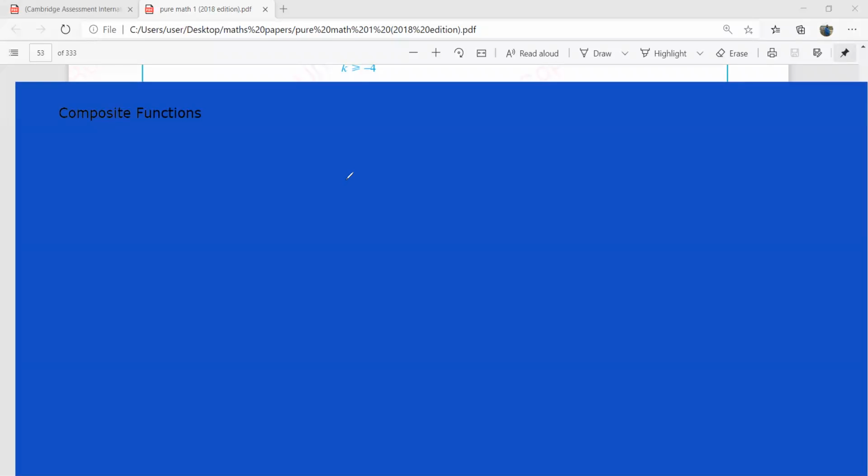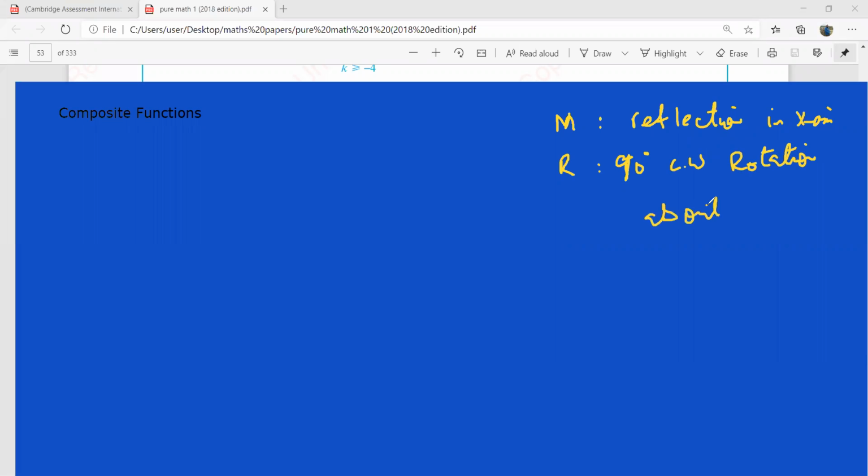Before I go on to the composite functions, let me ask you: if M means a reflection in the x-axis, and R means a 90 degrees clockwise rotation about the origin, okay?